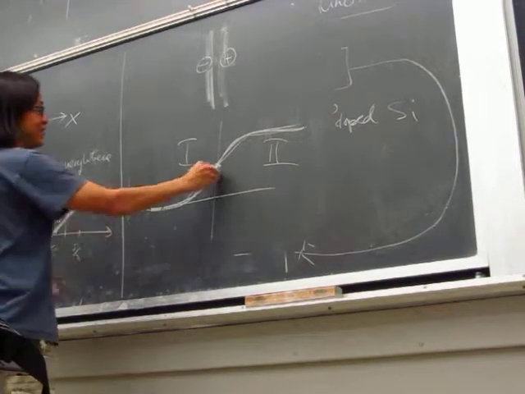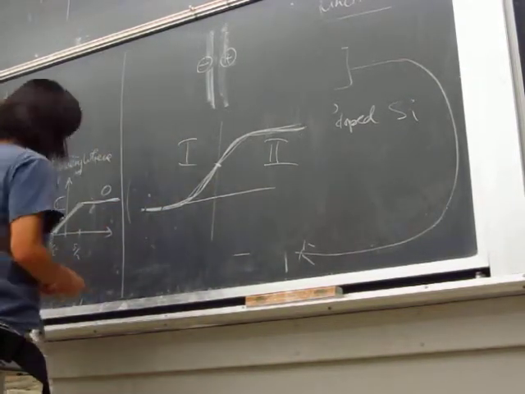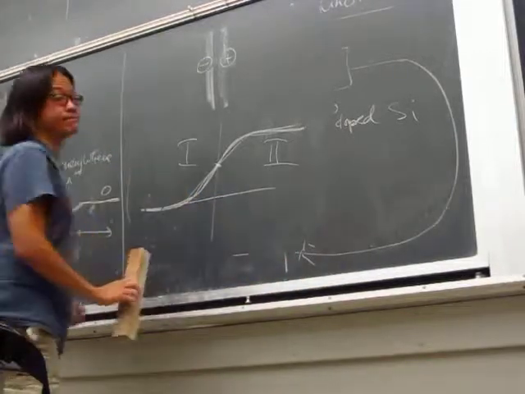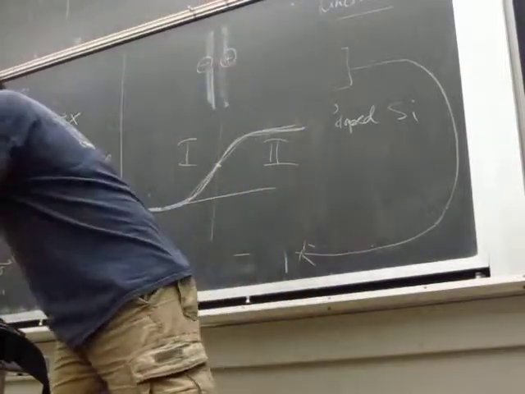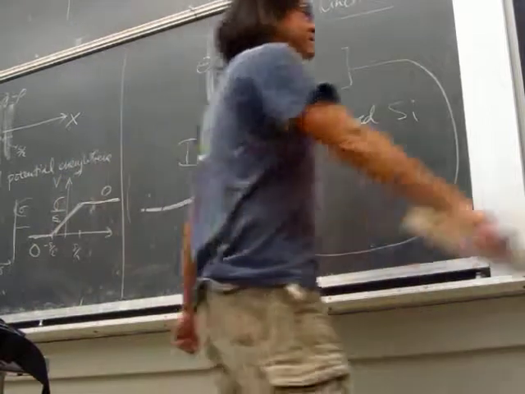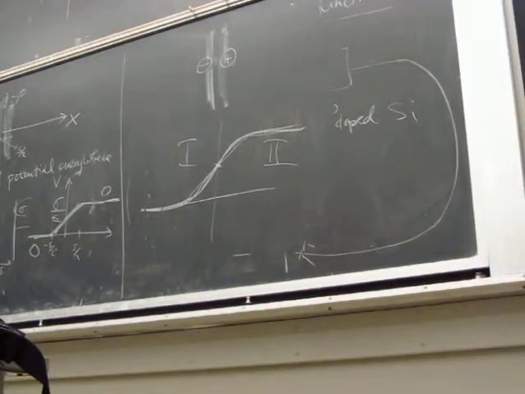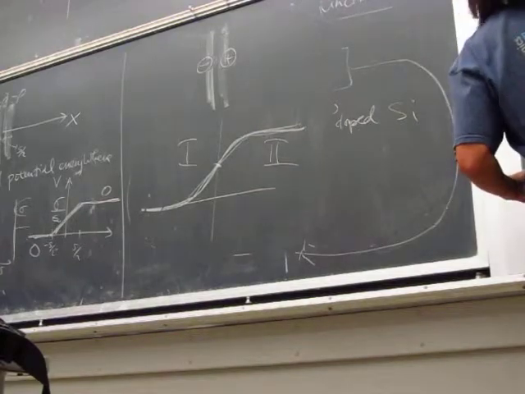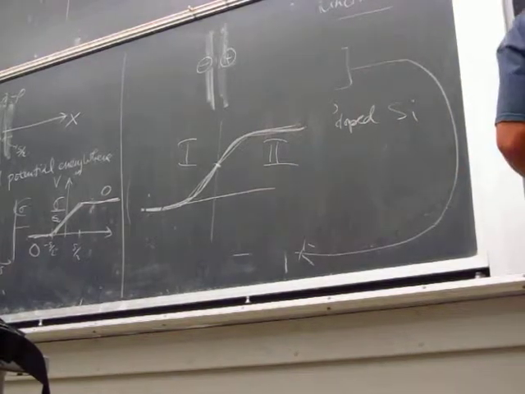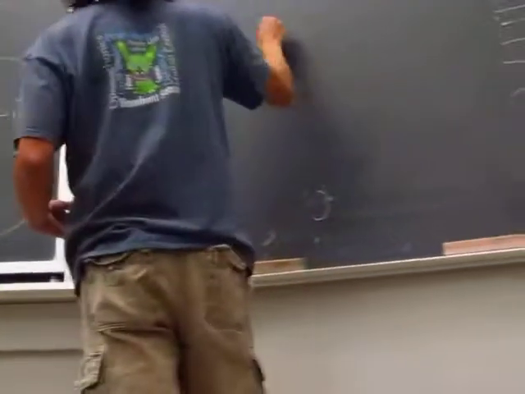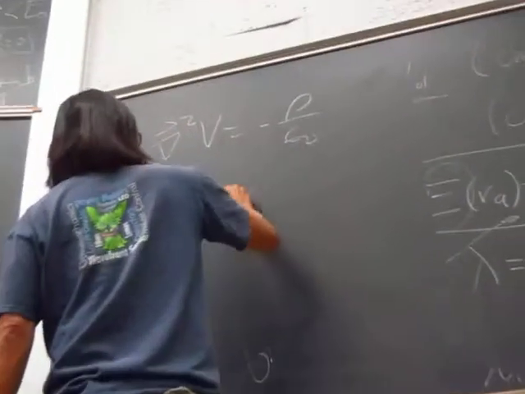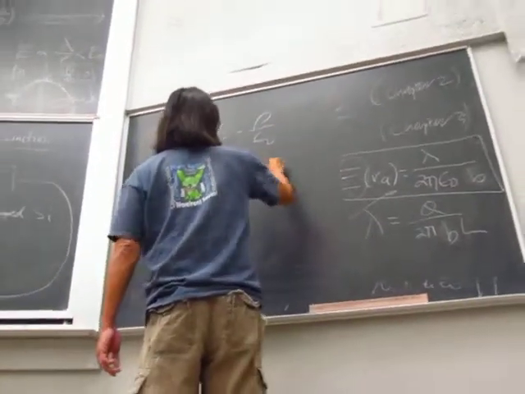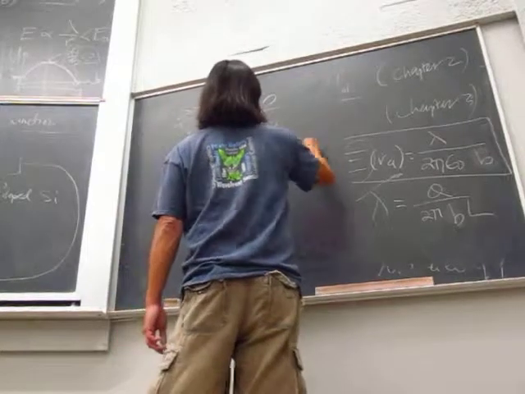The potential has to be quadratic, right? In general, they have to satisfy the Laplace equation. So the potential has to go as a constant plus ax plus bx squared, right?